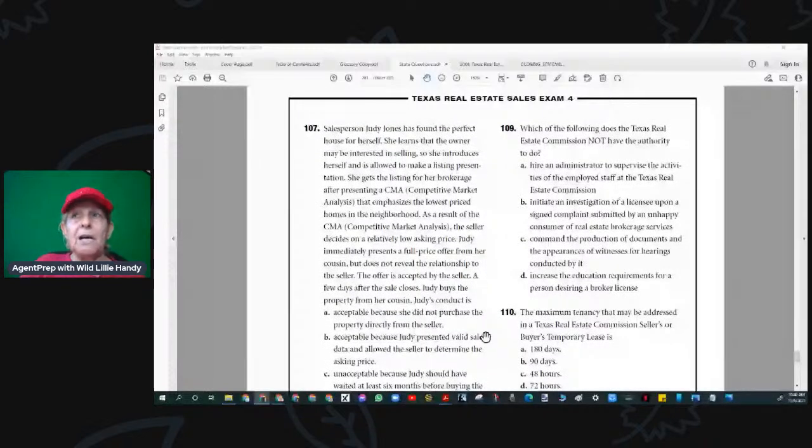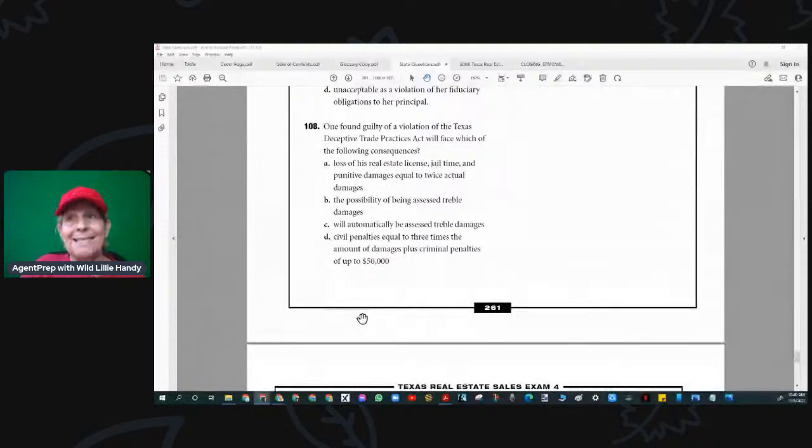One found guilty of a violation of the Texas Deceptive Trade Practices Act will face which of the following consequences? So you're being deceptive in our trade, real estate services, right? What will they face? A, loss of his or her real estate license, jail time, and punitive damages equal to twice the actual damage.